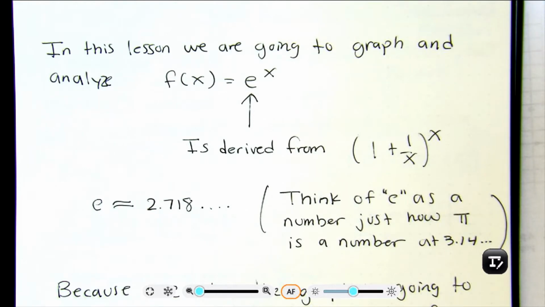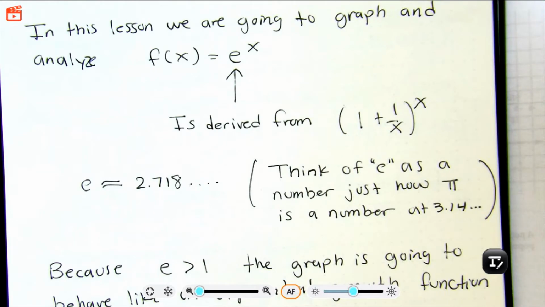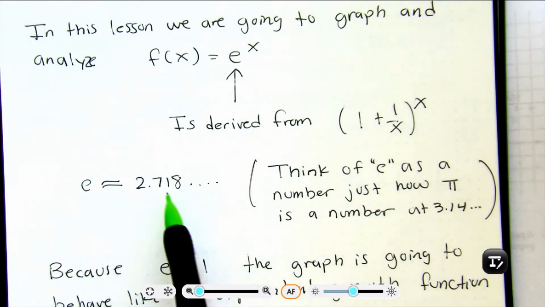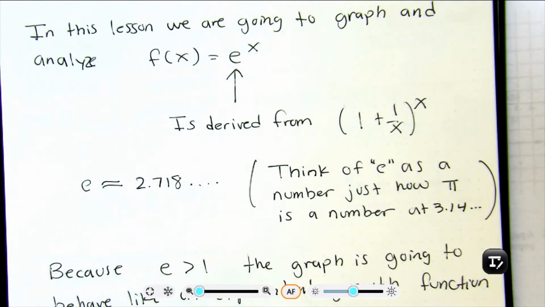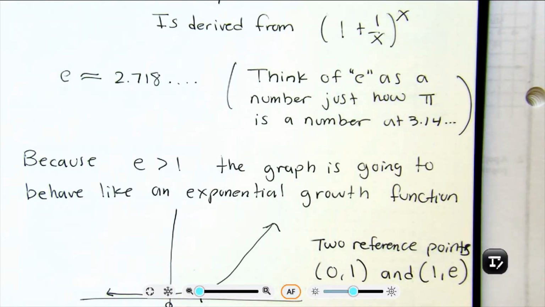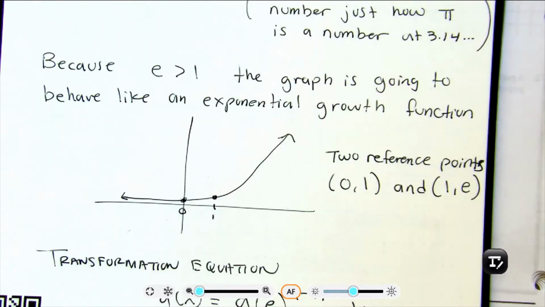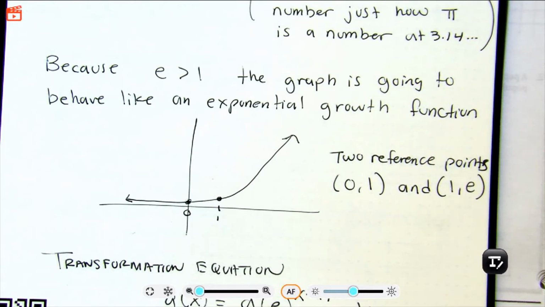Now, because e is greater than 1, meaning 2.718 is bigger than 1, this is going to be an exponential growth function. So these graphs behave like an exponential growth function where you see it increase. Starting from left to right, these graphs are going to go up.